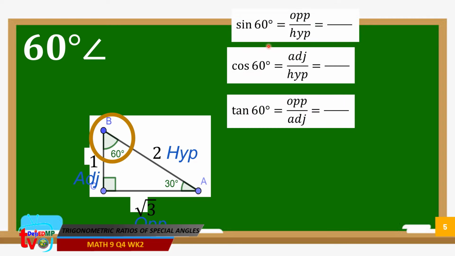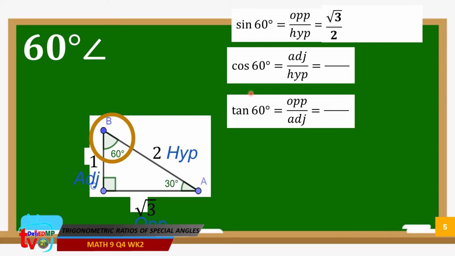Let's start with sine 60 degrees. Can you tell me what sine 60 degrees is? You're right, that is opposite over hypotenuse, square root of 3 over 2. And what is cosine 60 degrees?